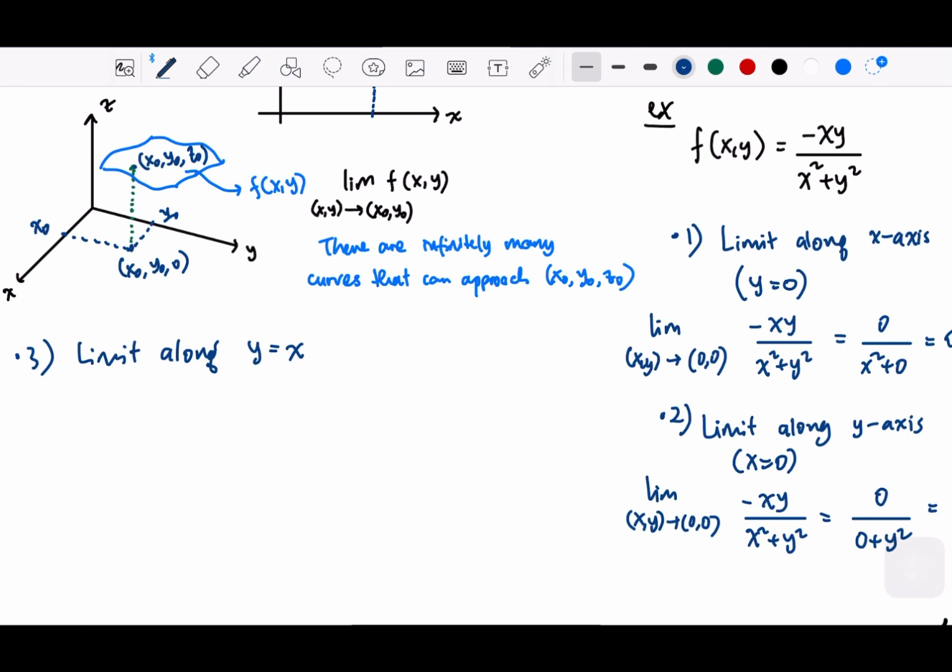So all of this, x-axis, y-axis, y equals x, is just our assumption because we can have many curves that can approach. But this is easy to see if we substitute y equals 0, x equals 0, and y equals x. I think those will be very simple curves to see.